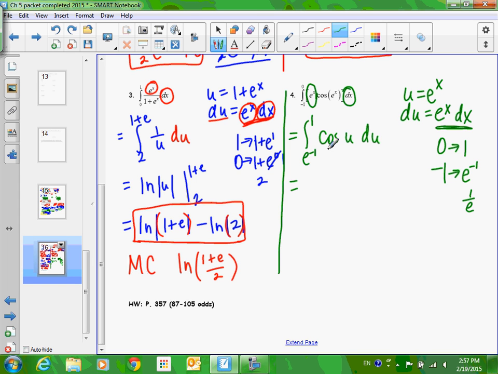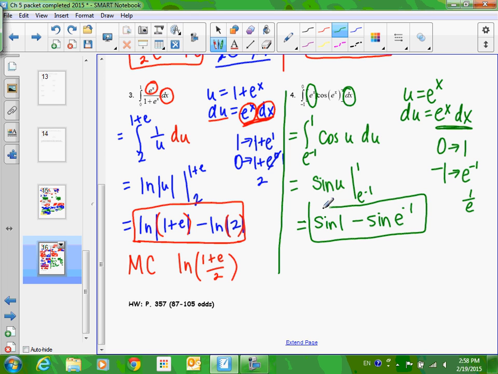Are we confident that it's positive sine? It is positive sine, by the way. So then we plug in our bounds: sine of 1 minus sine of e to the negative 1. That's your answer. You need a calculator to go any further.